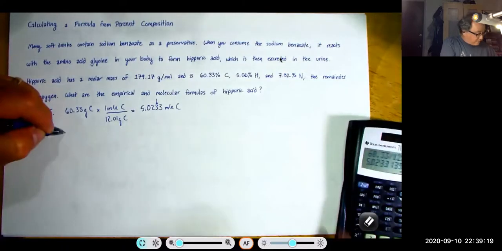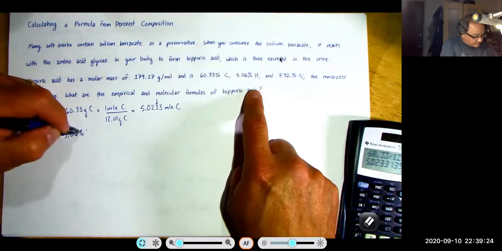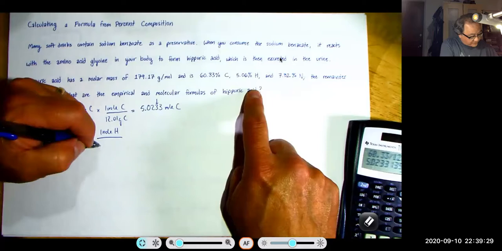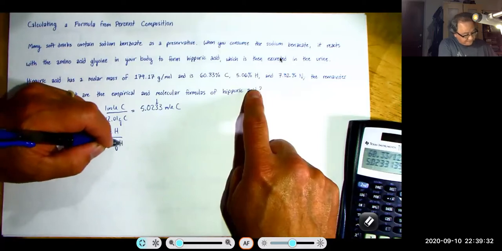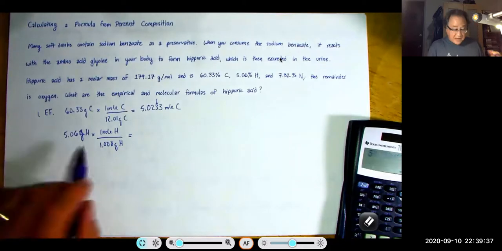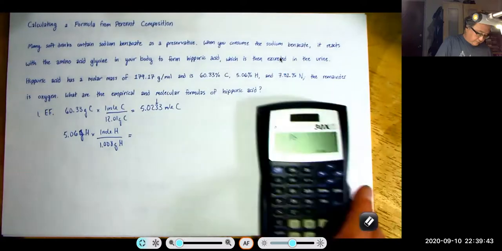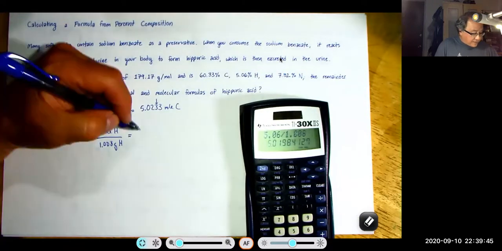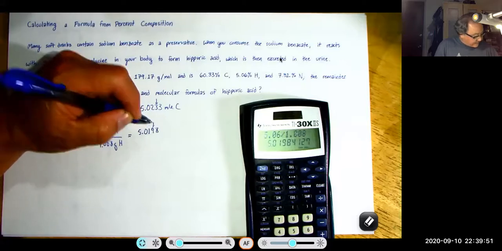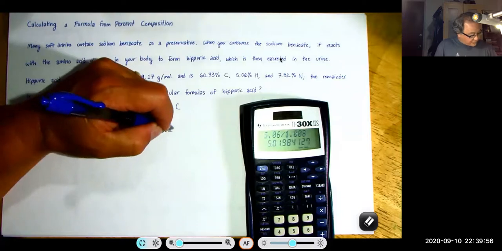Now we're going to take our 5.06% hydrogen and say grams of hydrogen times 1 mole of hydrogen per 1.008 grams of hydrogen. And that's going to be equal to roughly 5. And we're going to get 5.0198. And here we're going to round there. Mole of hydrogen.